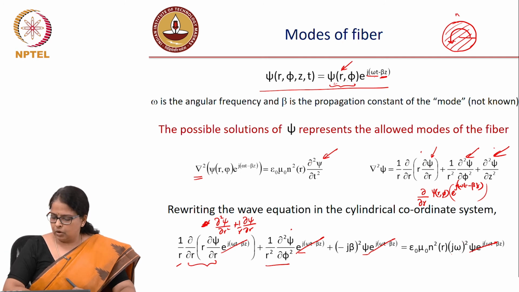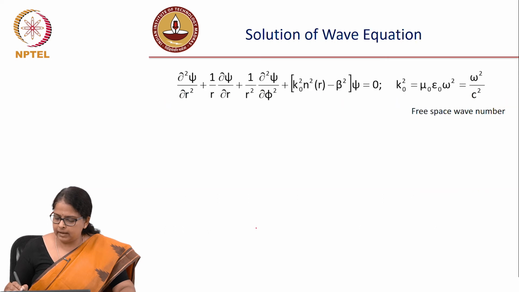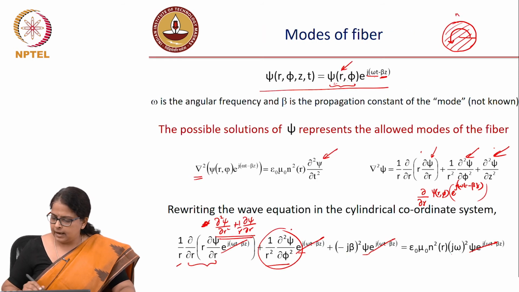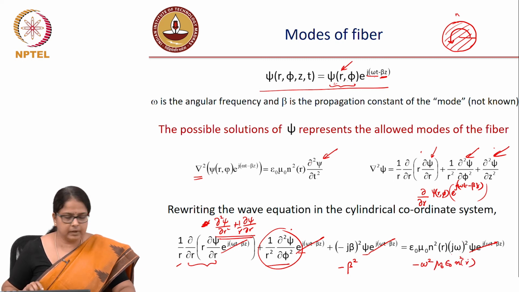Okay. So, the simplified form: ∂²ψ/∂r² plus 1/r ∂ψ/∂r plus 1/r² ∂²ψ/∂φ², which is this term written as it is here, and here I have a minus β² and here I have a minus ω², of course along with μ0 ε0 n² r. Okay.